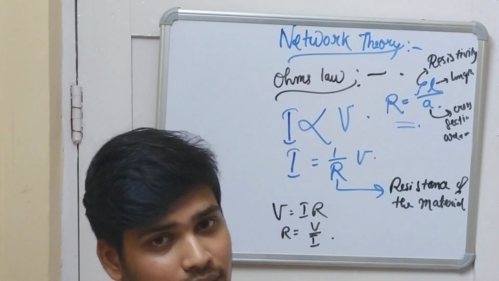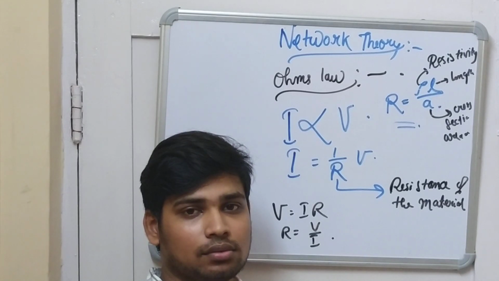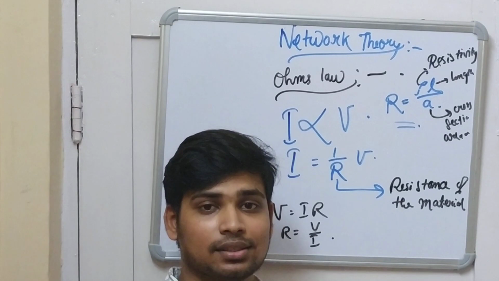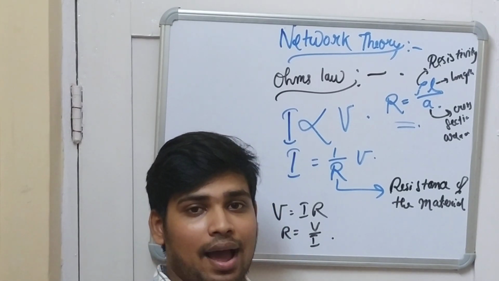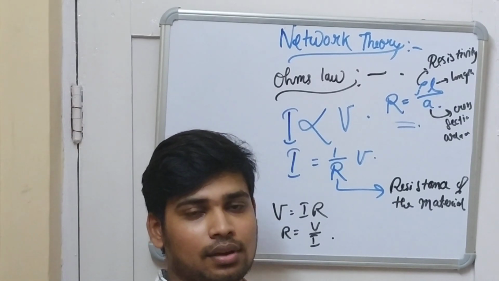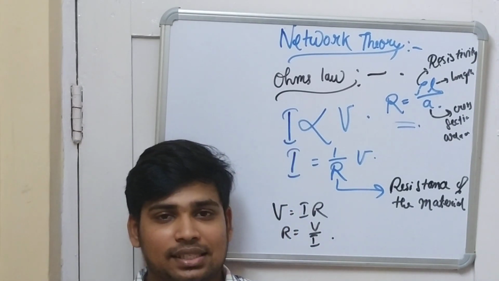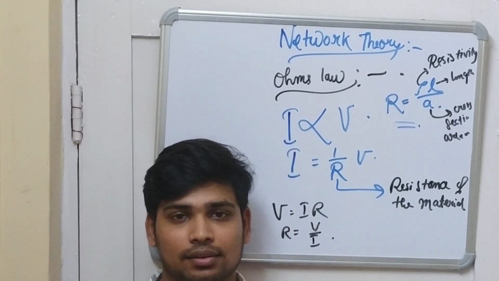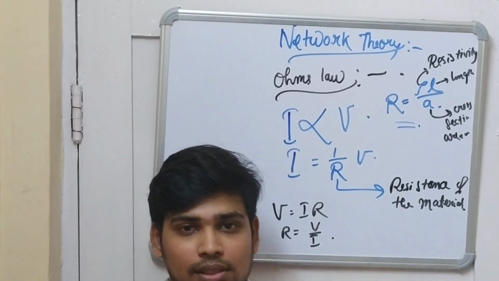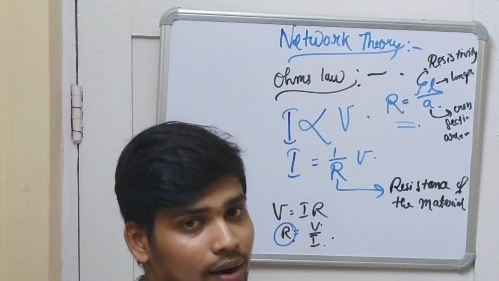It only means that if we apply a potential difference across a conductor, then the current that will flow through that conductor will be such that the V/I ratio is a constant, equal to the resistance R. One more time I am saying, if we apply a potential difference V, the current that will flow through the conductor will be such that V/I is constant. So V/I will always be constant, that is equal to R.